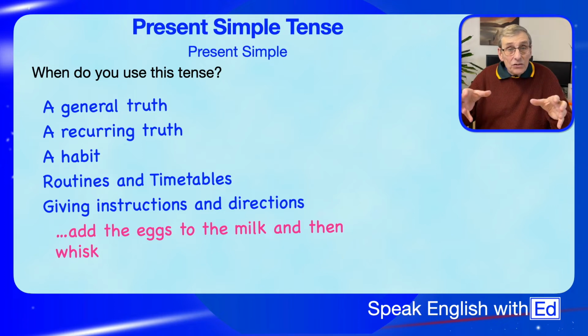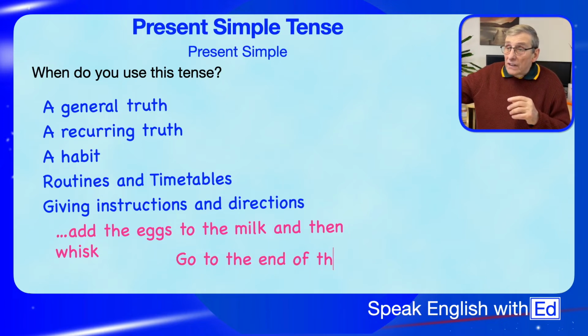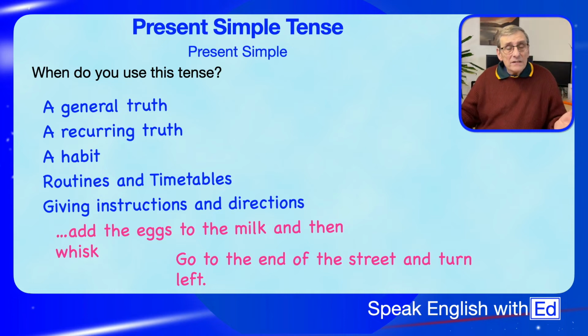It's an instruction, and we're using this in the present simple tense to tell somebody how to do something. Or if it's directions, where to go. So you could say go to the end of the street and turn left. Present simple, using the verb in its base form. Go to the end of the street and turn left. So this is all in present simple tense.